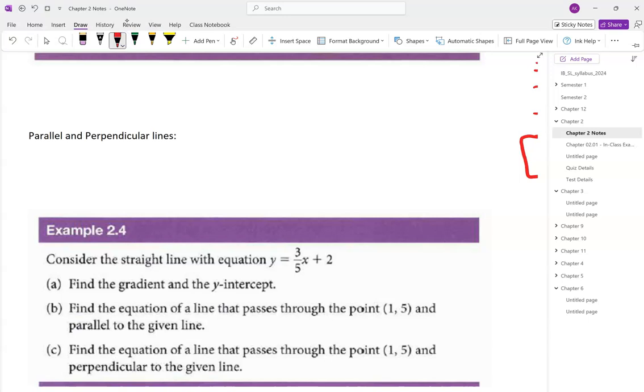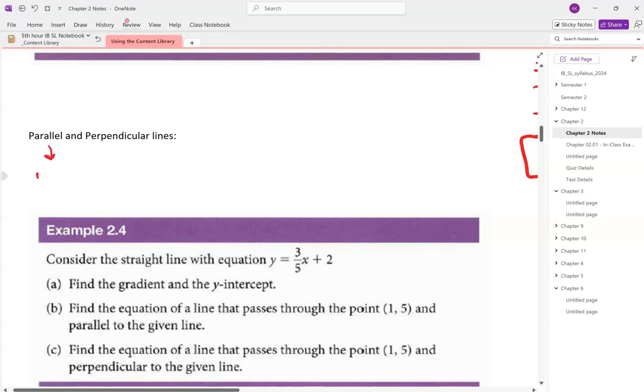Parallel and perpendicular lines. How do I tell if two lines are parallel or perpendicular? Okay. Great. So the two slopes are negative reciprocals. Or what kind of lines don't have any slope at all? Vertical.